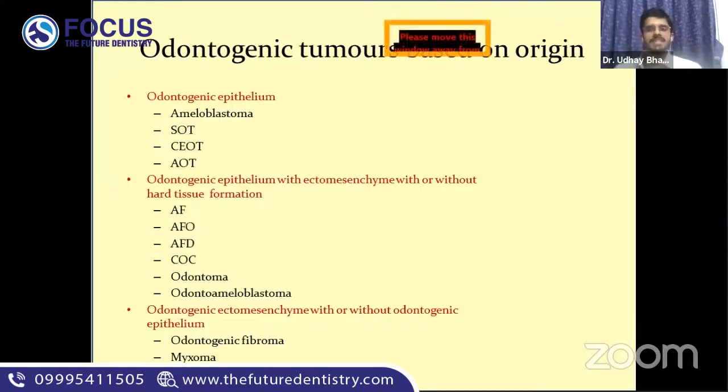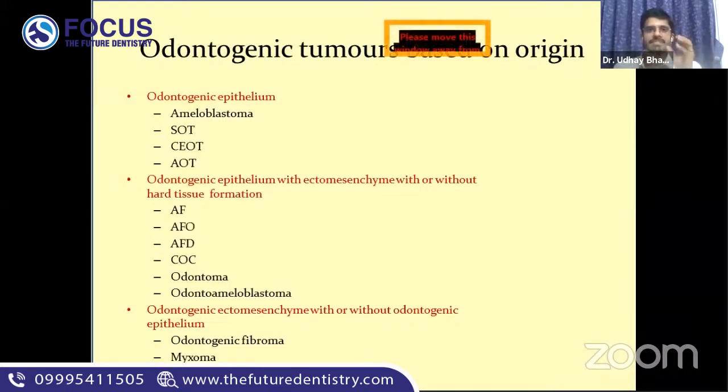By this term, what we are trying to tell you is the source of the tumor can be from both epithelium and ectomesenchyme. At this point, you should have an understanding that a tumor or a neoplasm is something which is multiplying at an uncontrolled rate. Here, the odontogenic epithelium and connective tissue components are multiplying in an uncontrolled manner, but they are also retaining some degree of their memory genotypically.